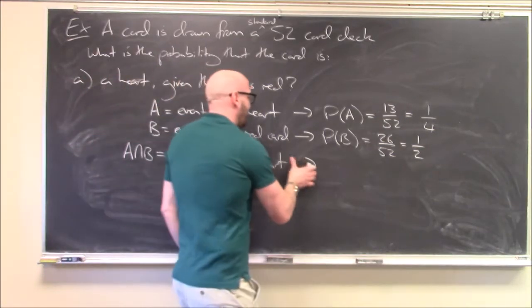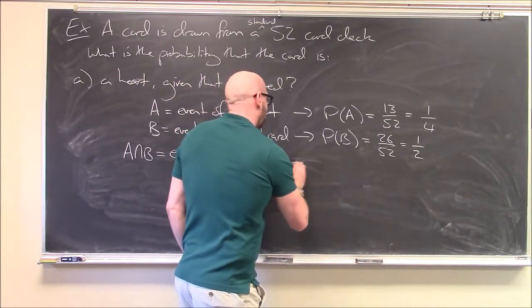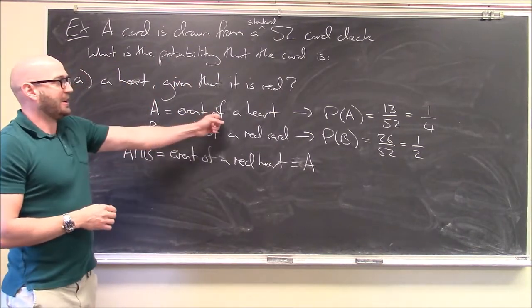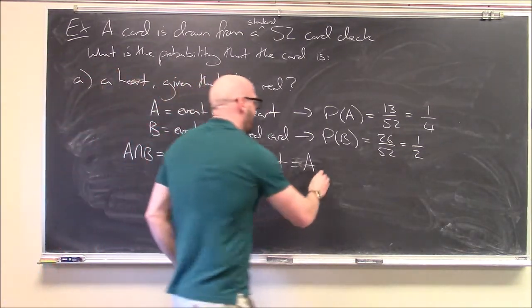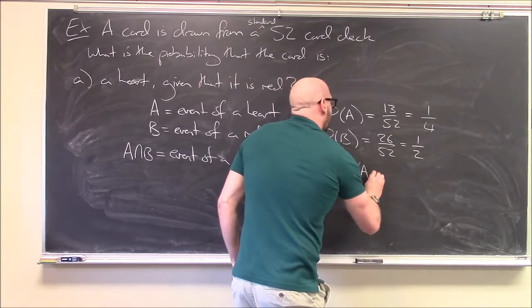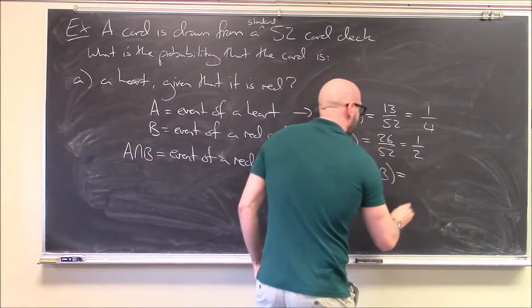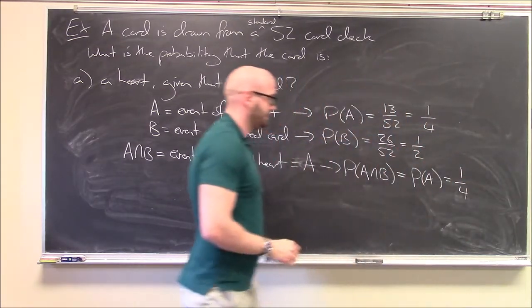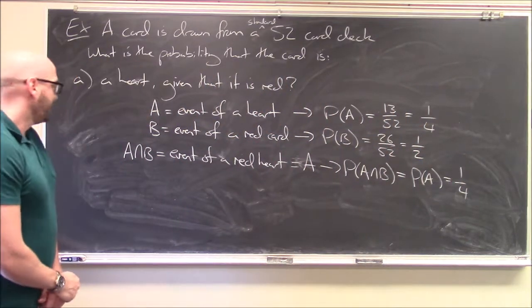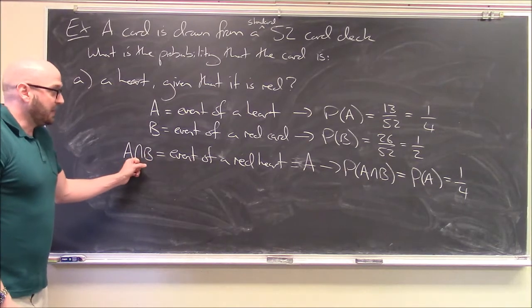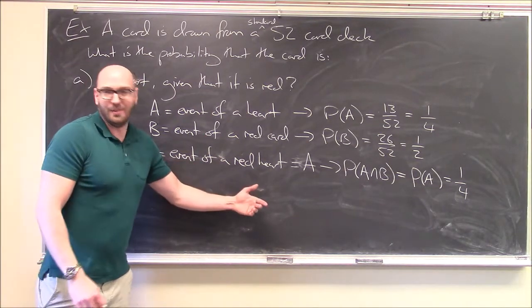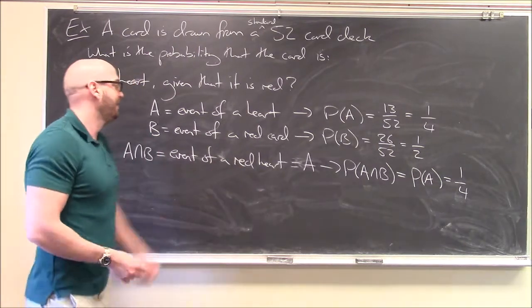So the event of drawing a red heart is really exactly the same as event A. It's just the same as drawing a heart, right? So the probability of A intersect B is still just the probability of A, which is 1/4. Alright, so here you have to realize that A intersect B is a bit redundant. The event of drawing a red heart is still just the event of drawing a heart.